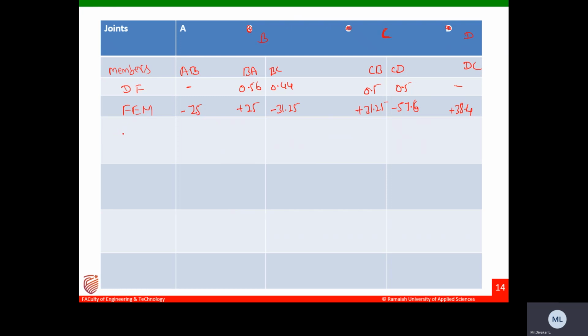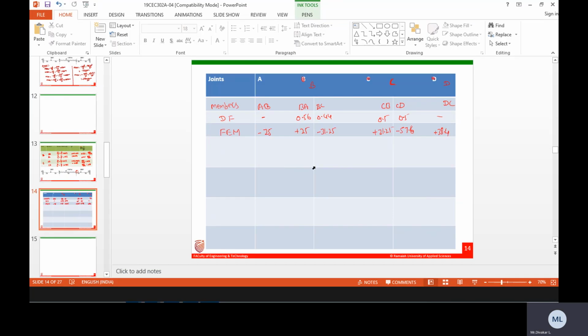Now our first step is to calculate. If you want, you can add one more row here so that you can understand clearly.